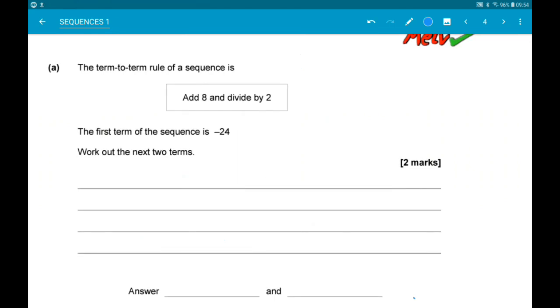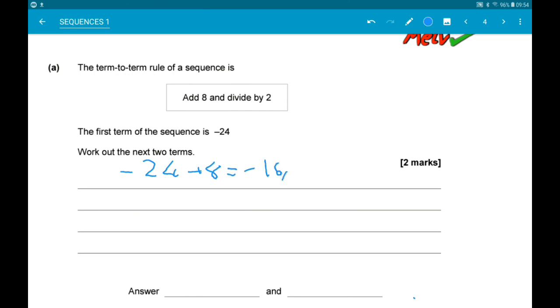Okay, next up. The term to term rule of a sequence is to add 8 and divide by 2. The first term is minus 24. Work out the next two terms. So to work out the second, we need to do minus 24 add 8, which is minus 16.